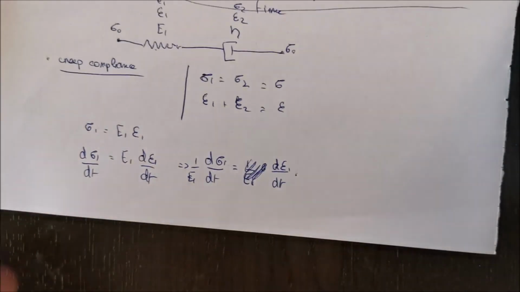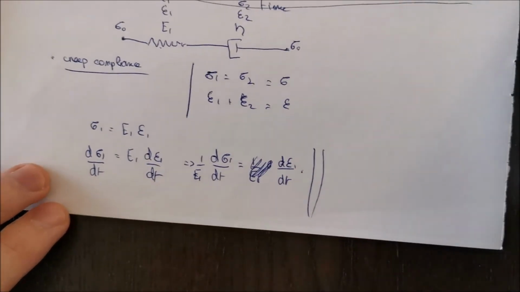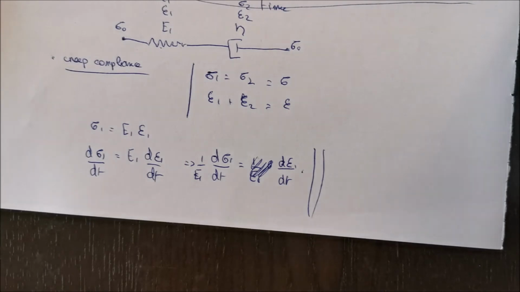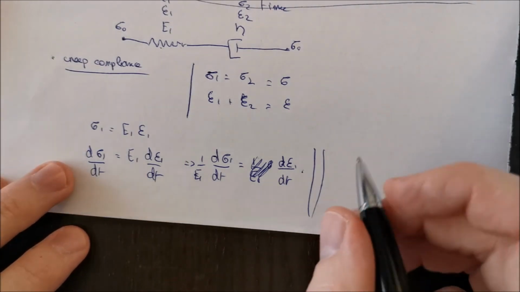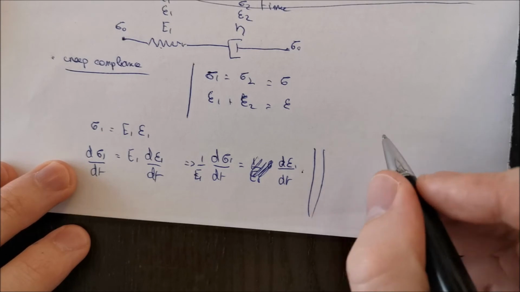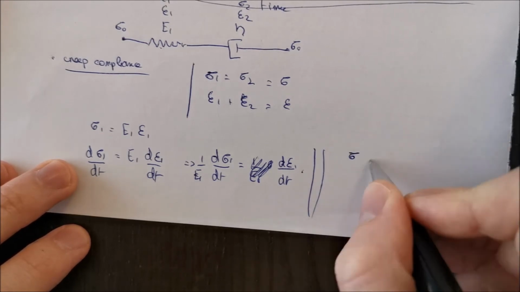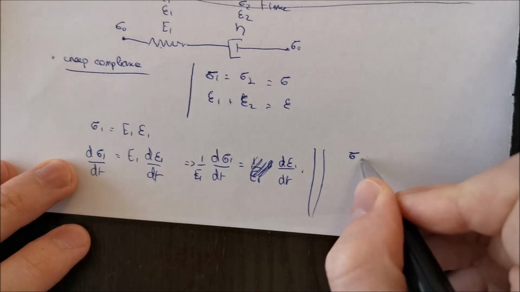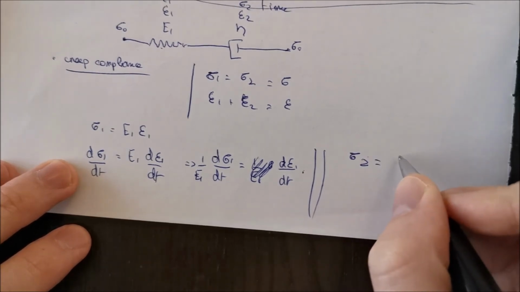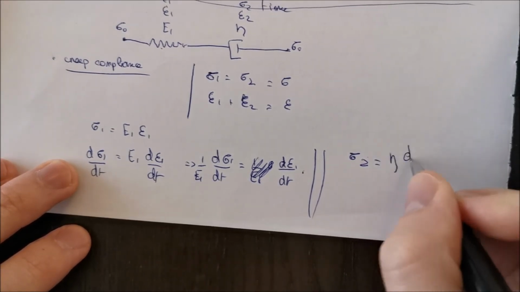Now for the dashpot, on the other hand, we know that sigma 2 equals viscosity times the strain rate.